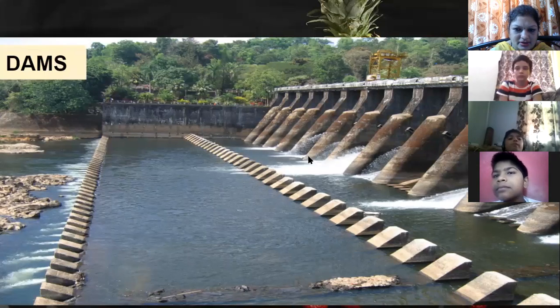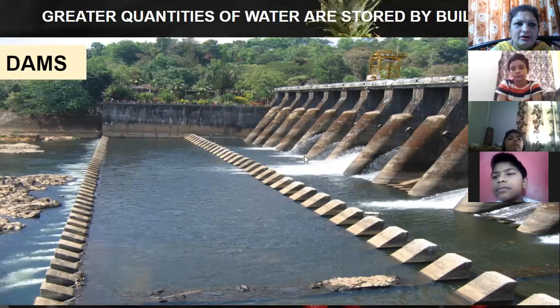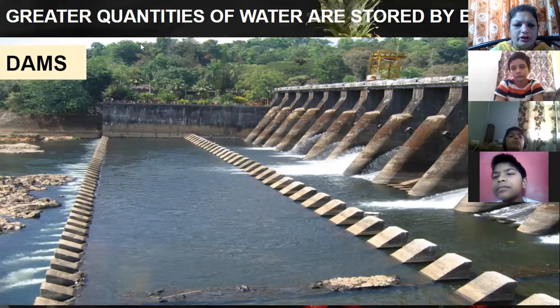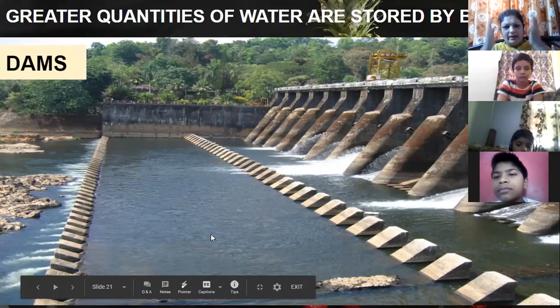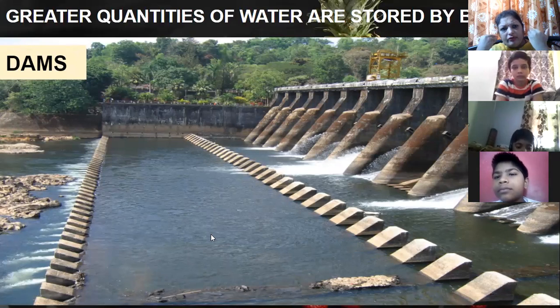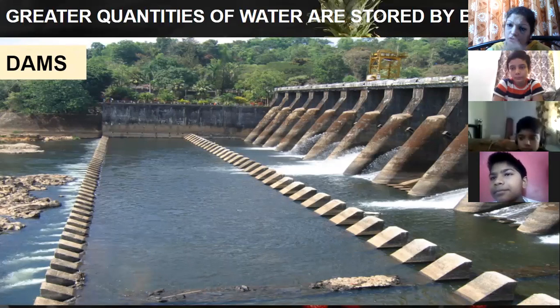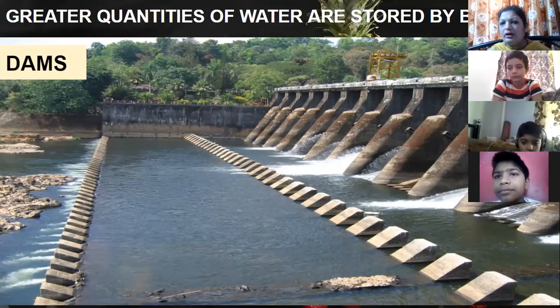So these are dams. The greater quantities of water are stored by building dams. Now rainwater is being collected. Rainwater will flow off if you are not collecting it at one place, because we need water throughout the year, but throughout the year, rain is not available.